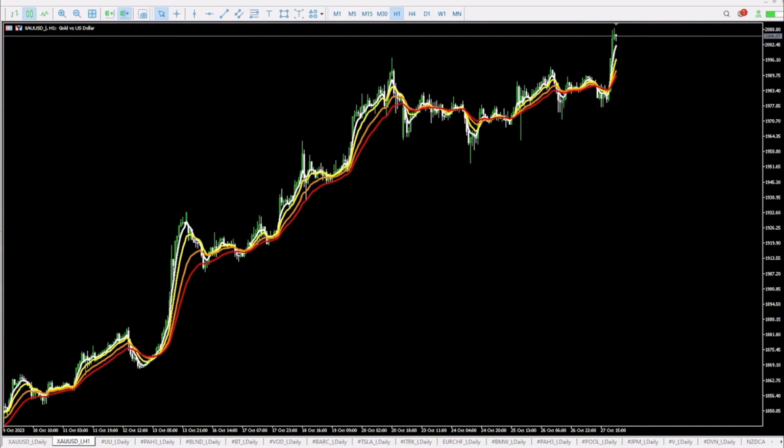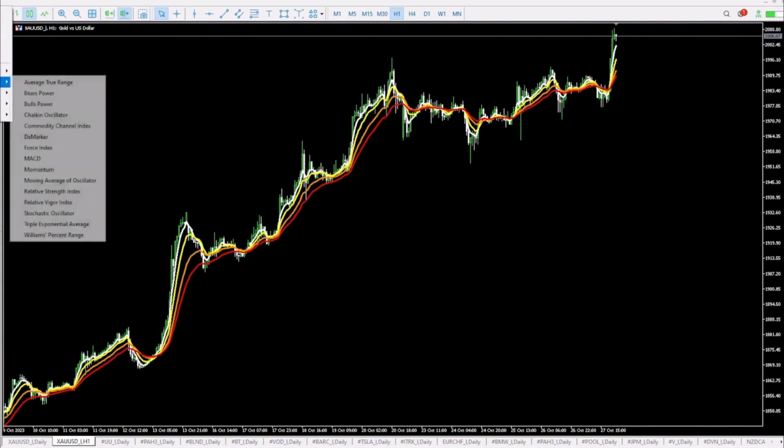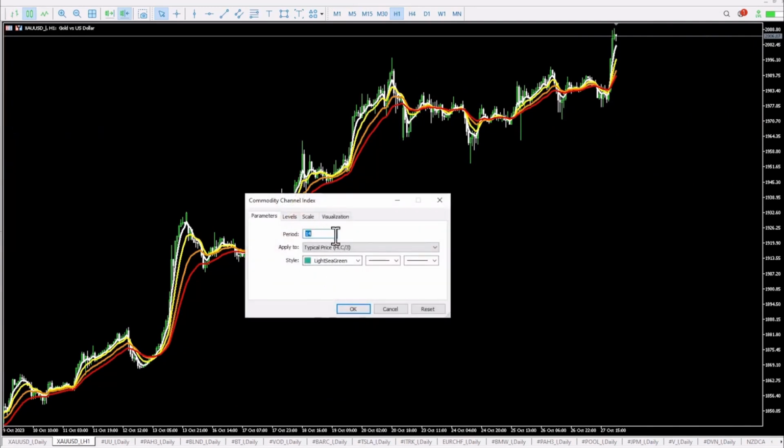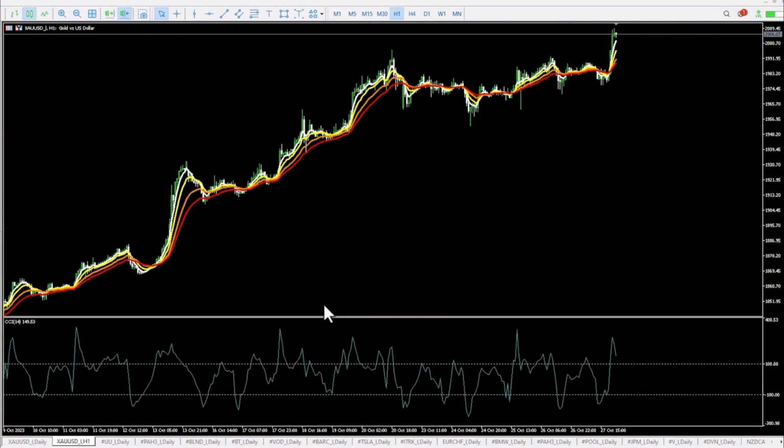Well, the oscillator we are using is the CCI, and the period we are using is the default 14 of MetaTrader. To be able to get buy or sell signals, to take long and short positions, we focus on the 0 line.